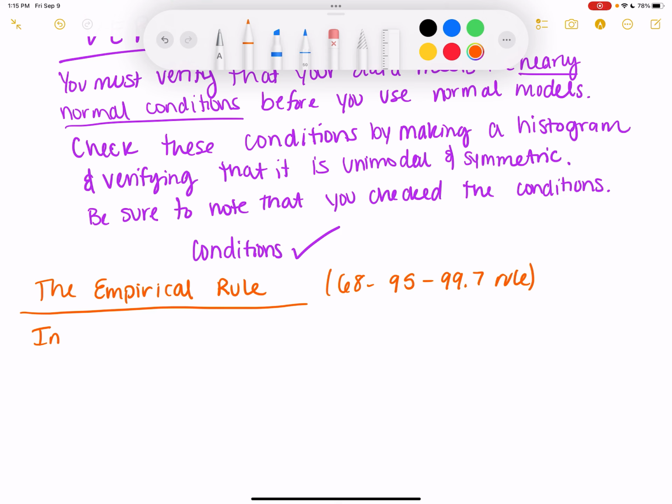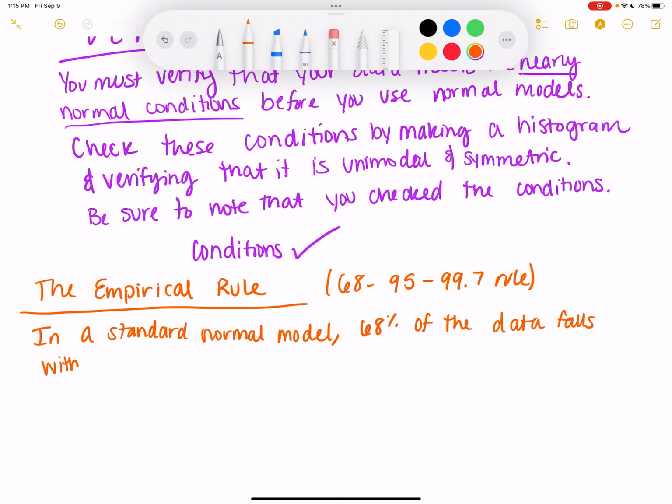In a standard normal model, 68% of the data falls within plus or minus 1 standard deviation of the mean. 95% within plus or minus 2 standard deviations.